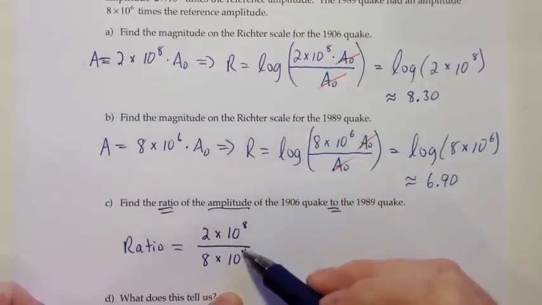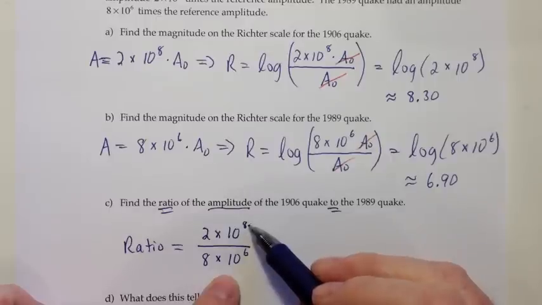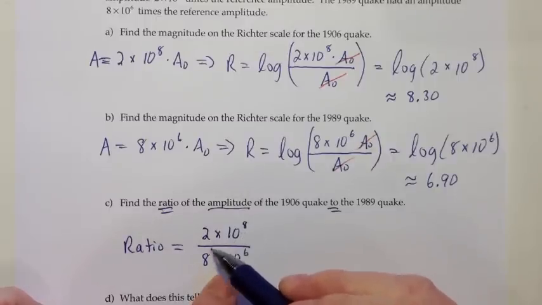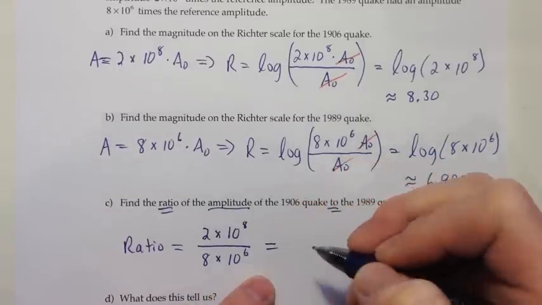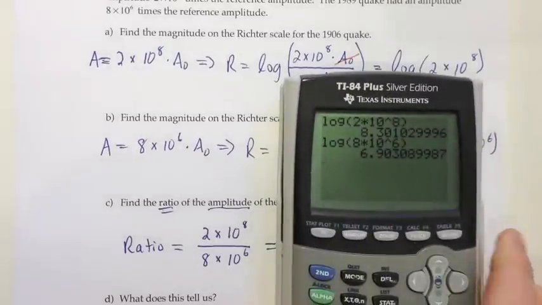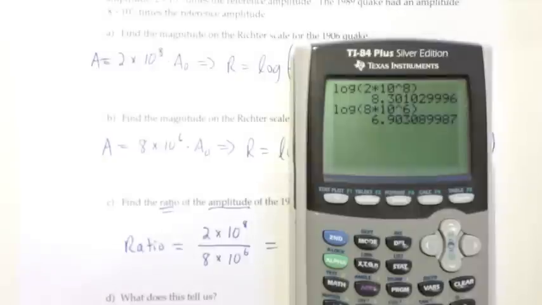You could use your exponents here to say these 6 tens cancel off 6 of those, and there'd be 2 left over, and you could reduce here. But eventually I think we'd go to the calculator anyways, so I'm just going to enter all of that in the calculator at once. When you have a fraction with more than one number in the numerator and denominator, you do want to put each of those into parentheses.